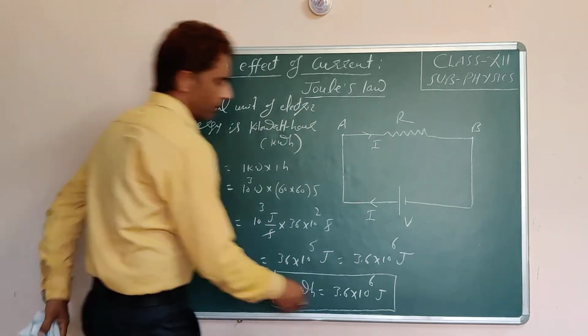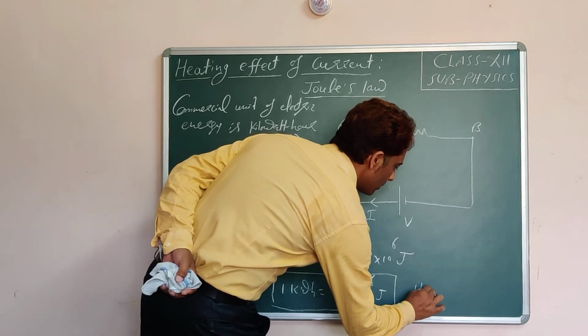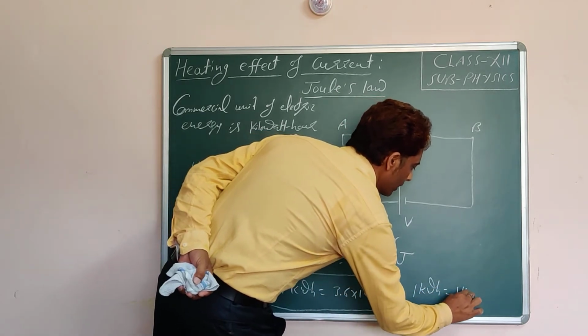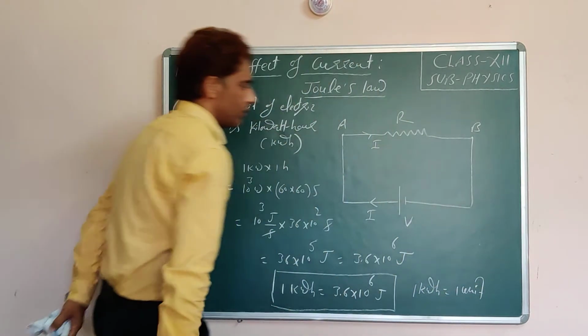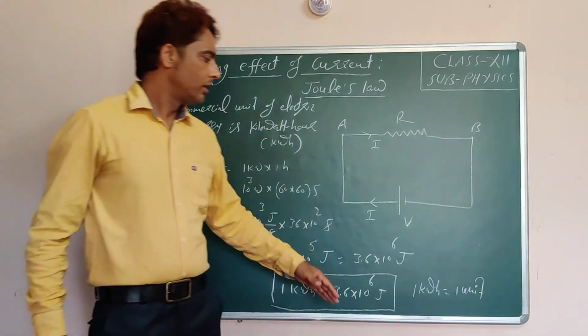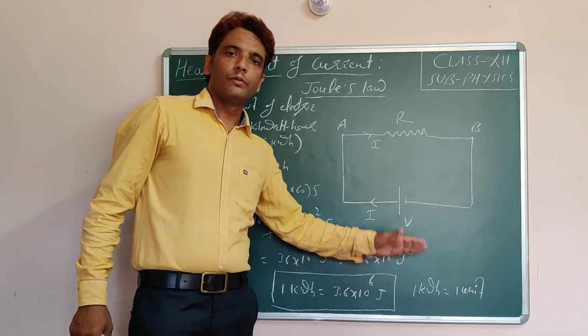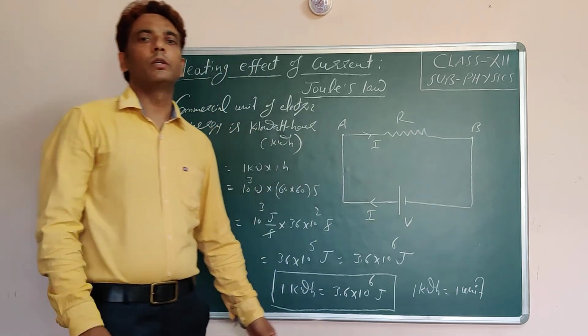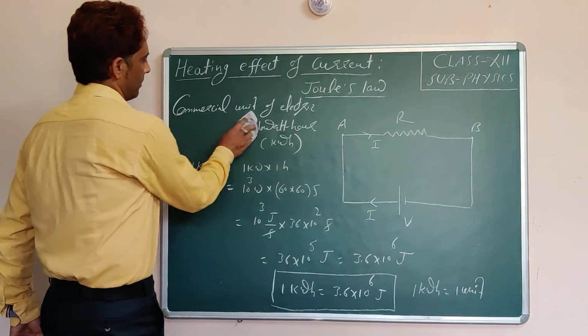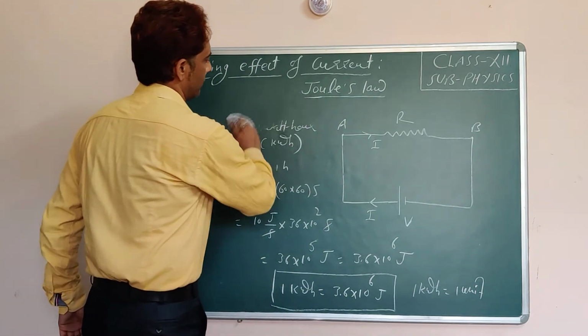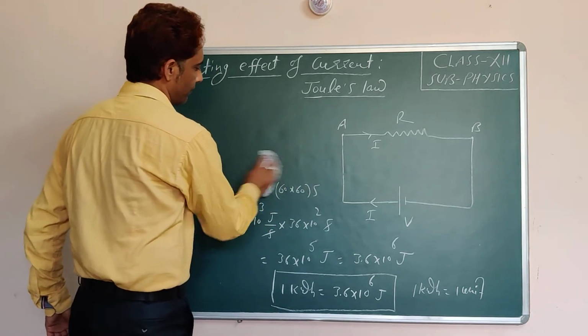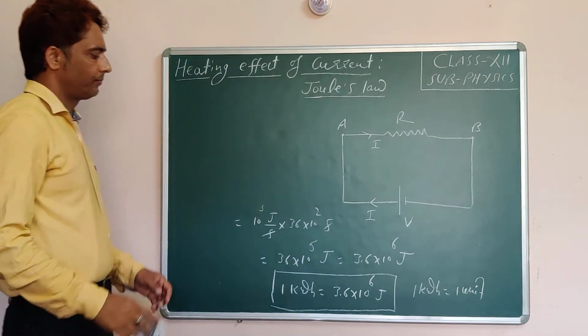So the larger the number of units, the greater the amount of electric energy consumed. So this is about the commercial unit of electric energy.